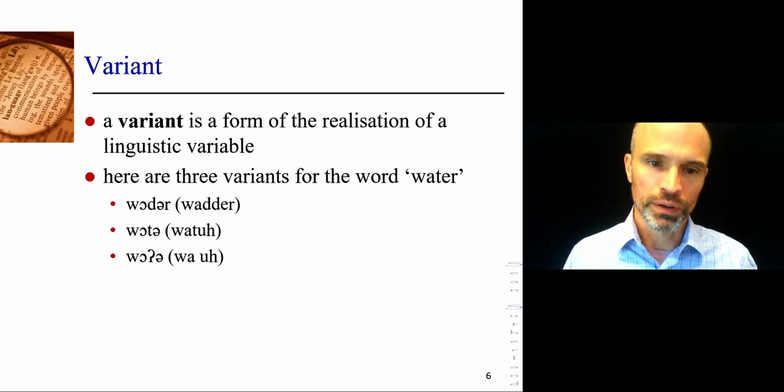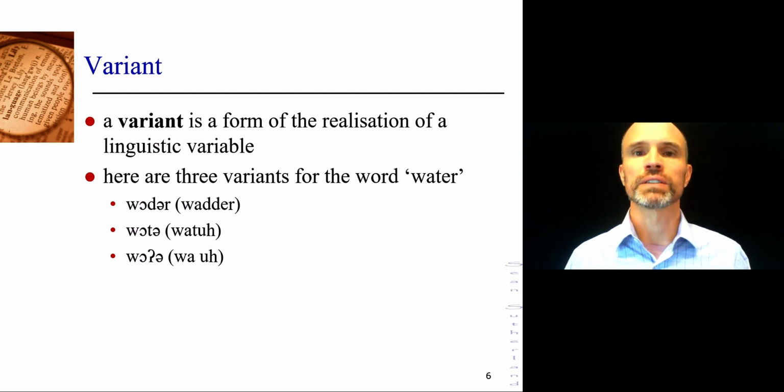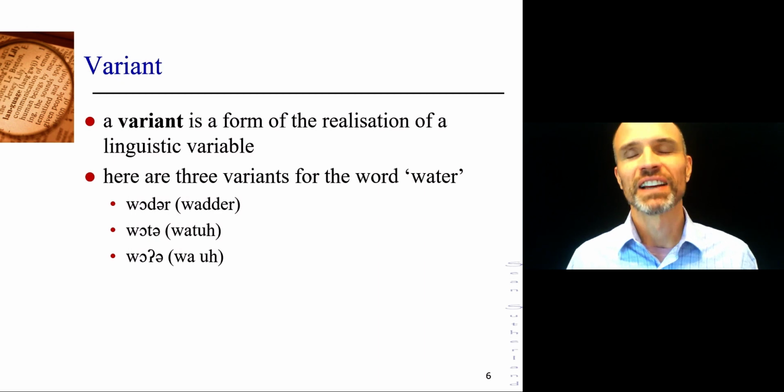So that third realization of the word water is wa. And instead of pronouncing d or t, all you've done is close the airflow for a brief second, right? So water, water, wa. I'm trying to do them more slowly. Wa.